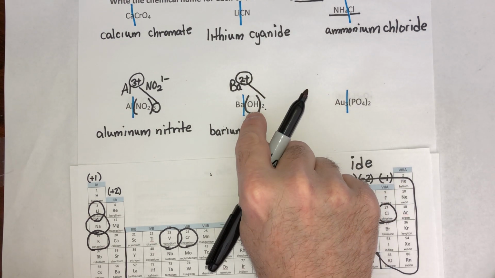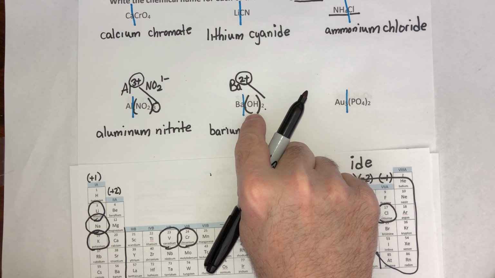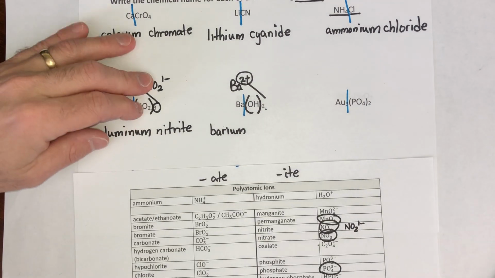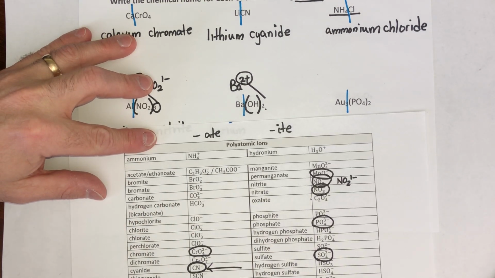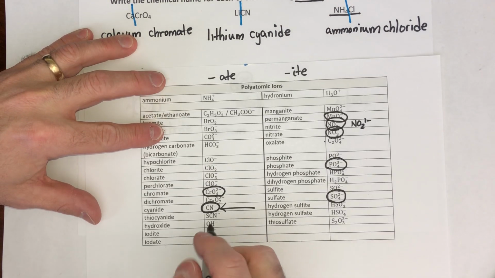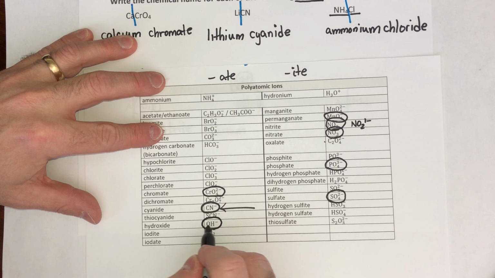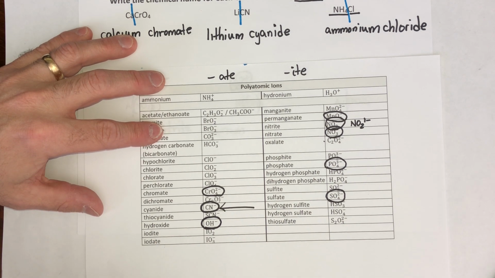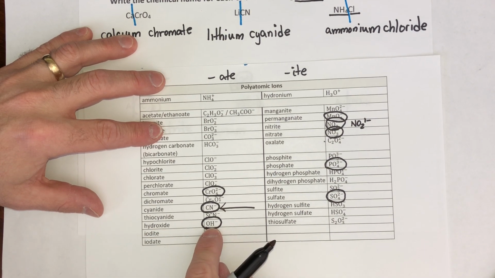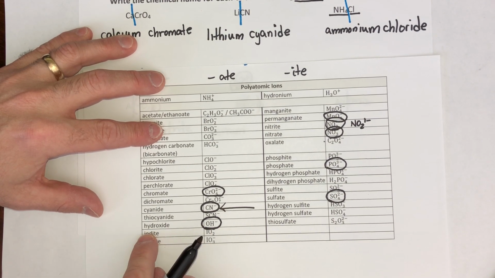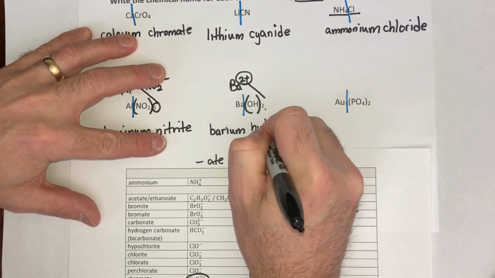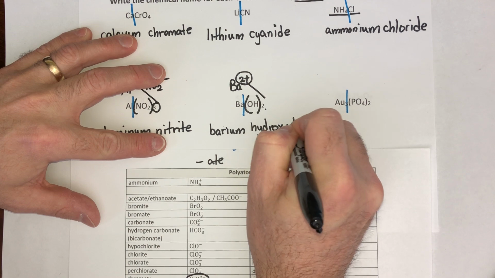When I go looking for this thing in my polyatomic ions table, I'm just looking for the OH. So if I go looking through this, looking for an OH, right here. OH is a hydroxide. Now this is also one of those that's going to show up a lot, and you should memorize it, right? You should be able to recognize OH, hydroxide. They go together. So this would be a barium hydroxide.